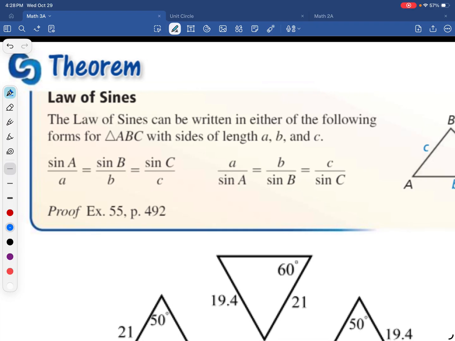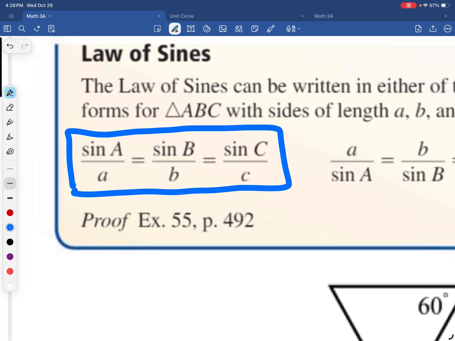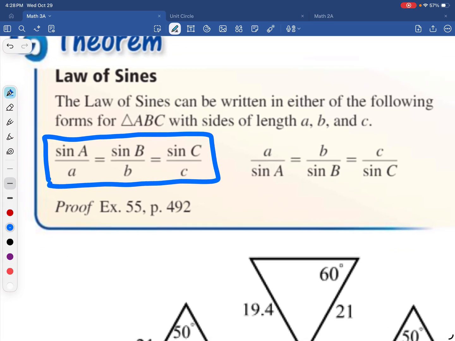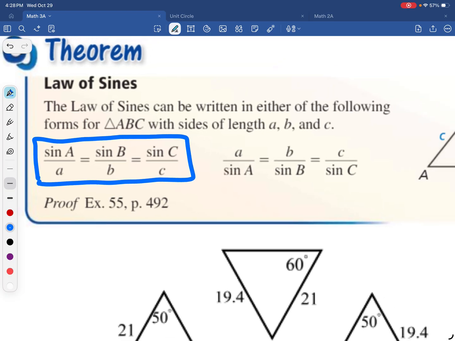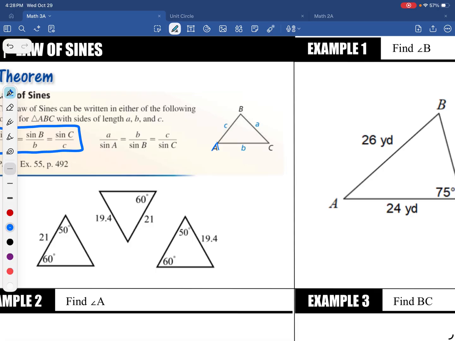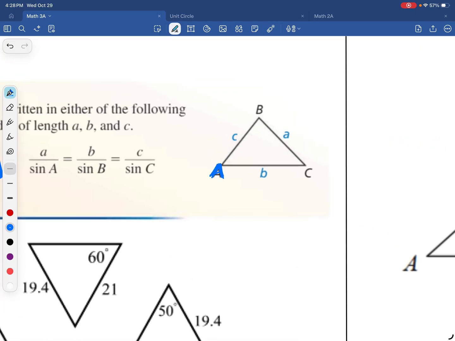So in our law of sines formulas that we're going to use, we're going to have this right here, sine A over a. And if you remember from probably a few weeks ago, a capital A is an angle. So angles are your capitals.